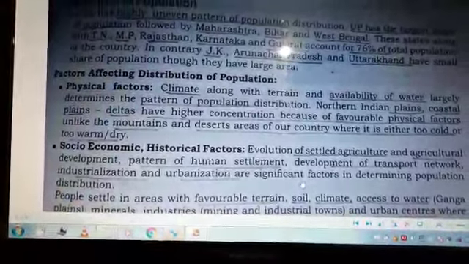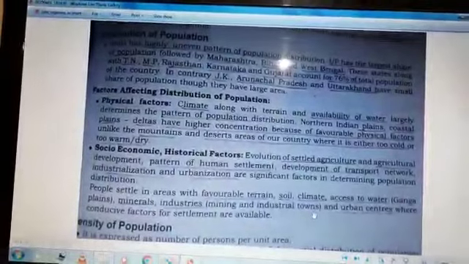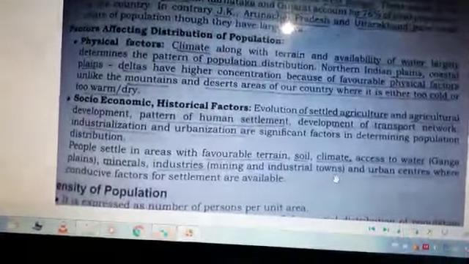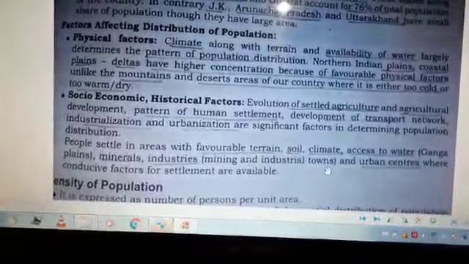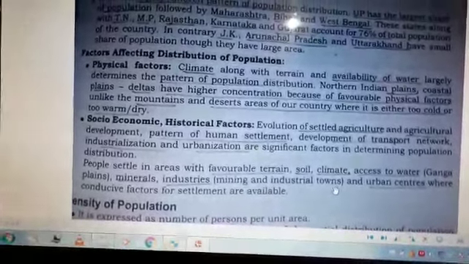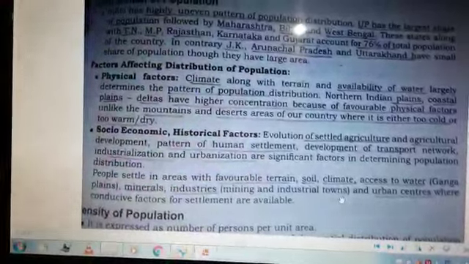And if we talk about the historical factors, from the past, from the traditional time period, the areas which were developed, like the port areas, the interior of India, the areas which have minerals, and different industries like mining and industrial towns, which were the urban centers.